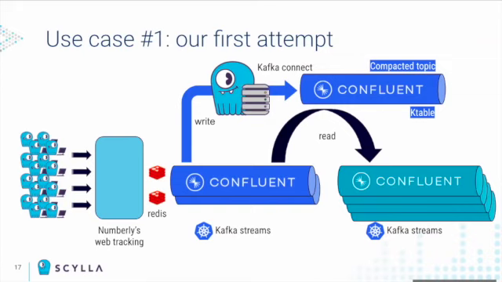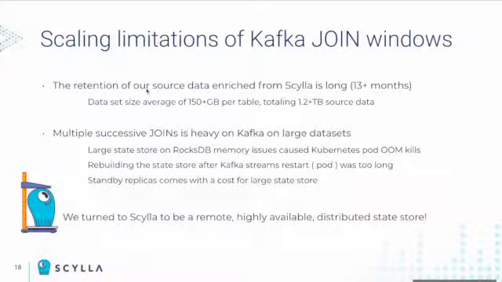Just keep in mind that all our applications were and are still running on Kubernetes without any persistent storage. Next slide. What I just presented worked like a charm on our staging platform, but as soon as we moved to production, we faced some limitations on Kafka Streams. The first limitation was that retention for ID matching tables was long, which generated state stores from 150 gigabytes to 1.2 terabytes.